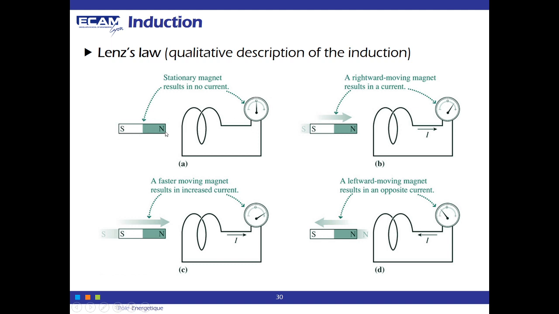Here, when the magnet is stationary, of course, it's possible to talk about the magnetic field around. There will be. But since it's steady, there will be no differential flux, so the differential flux will be zero. So consequently, the induced electrical energy will be zero.